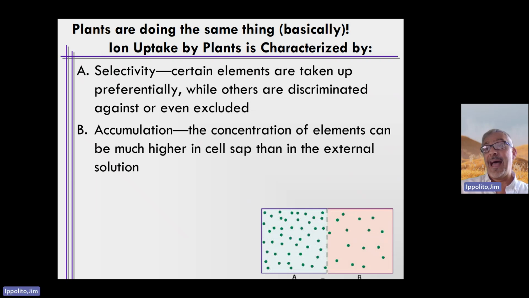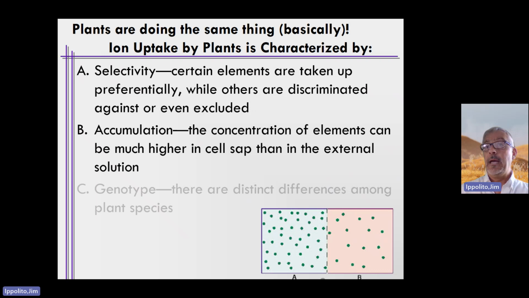Oftentimes, and in fact, this happens almost all the time, the concentration of elements can be way higher in the cell sap than in the external solution. All right, so plants are fighting against a gradient. They're fighting against keeping the nutrients high in the plant itself and fighting against them being re-released back into the soil solution or another part of the plant altogether.